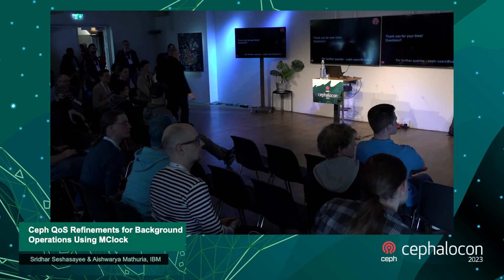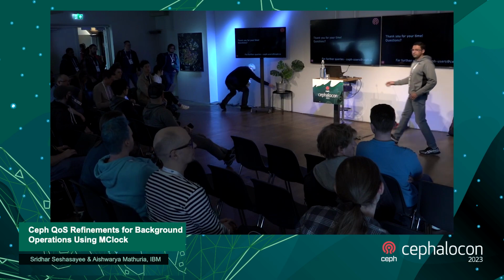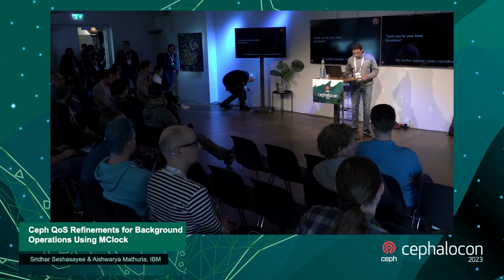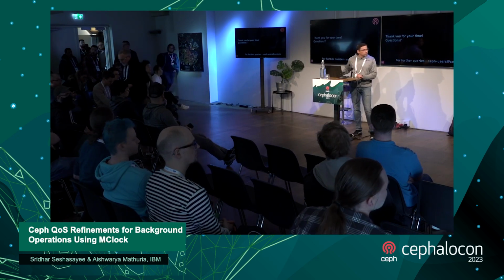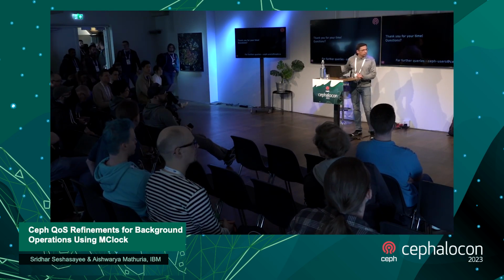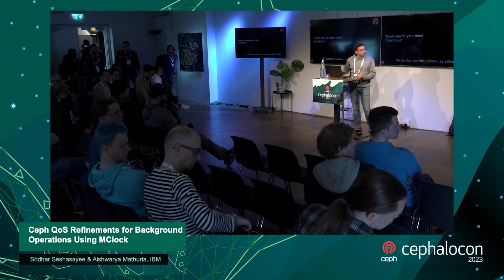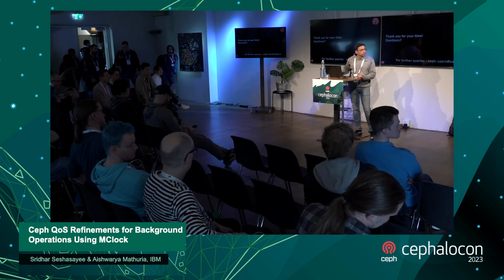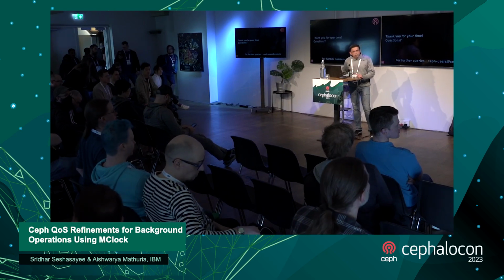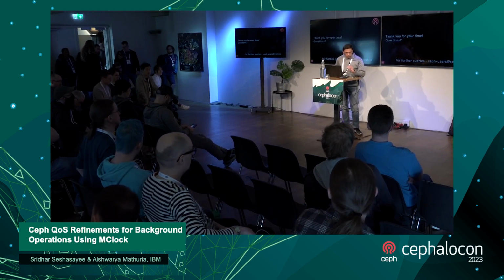Hello? Yeah, now it works. Thanks for the presentation. There's already a way to incorporate the I/O size in the cost. Would you also be able to differentiate or give a cost to, for example, read operations or write operations, so you can actually favor reads over writes or other operations? Yeah, in theory.